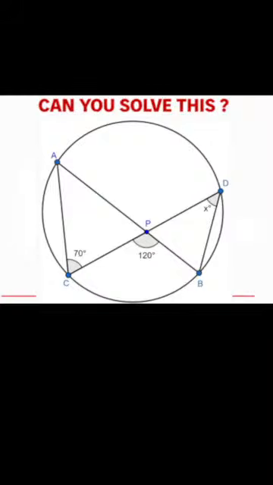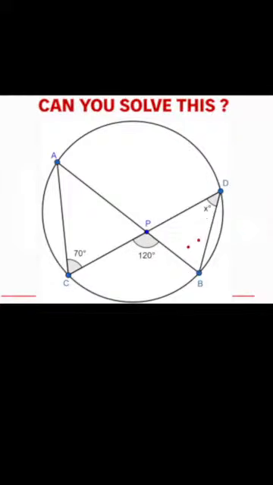KGM says 50. Sai saying 50. Three of the users have given the answer. Okay, just name the property that you have used. Angle sum property, or angle on the same segment.